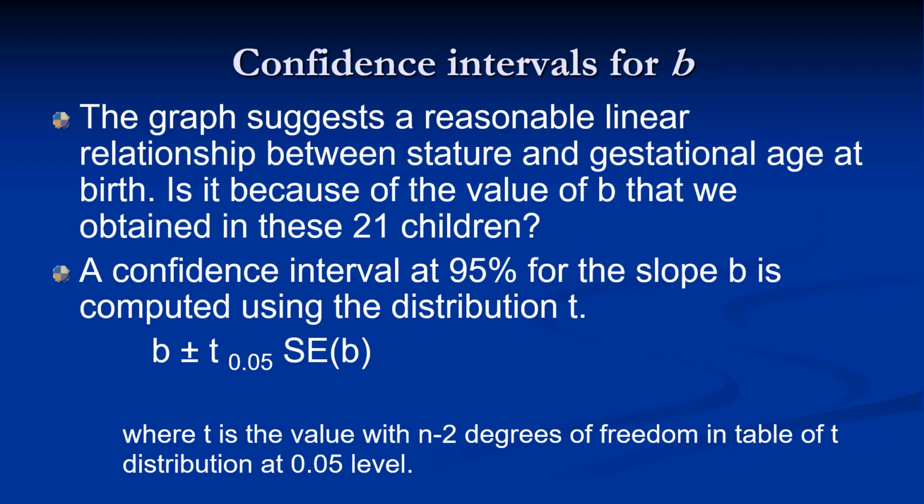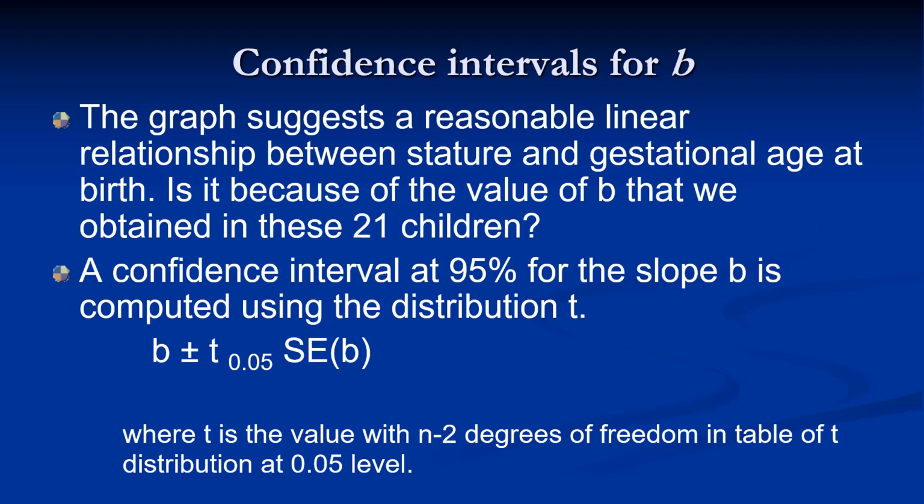The graph suggests a reasonable linear relationship between the stature and gestational age at birth. Is it because of the value of b that we obtain in these 21 children? We can estimate the confidence interval for b to obtain the range of values that we can be confident contains the true slope beta.